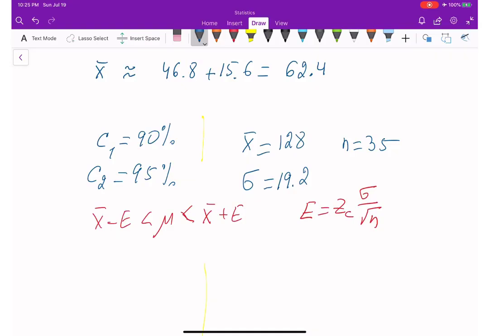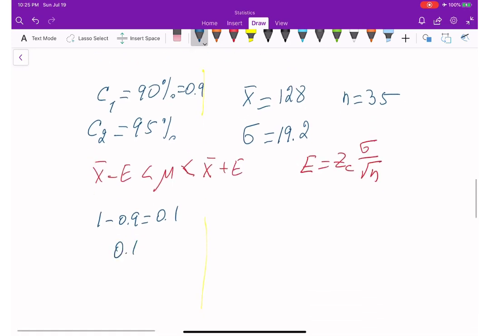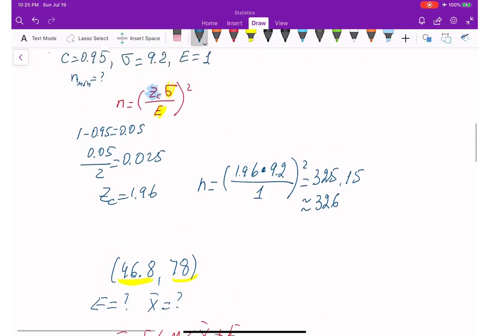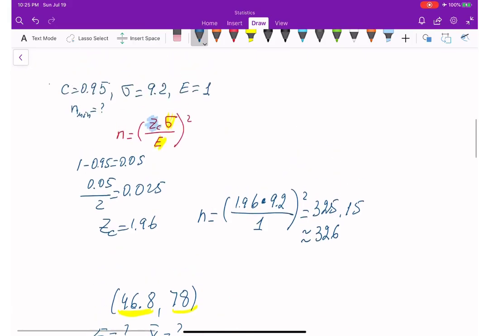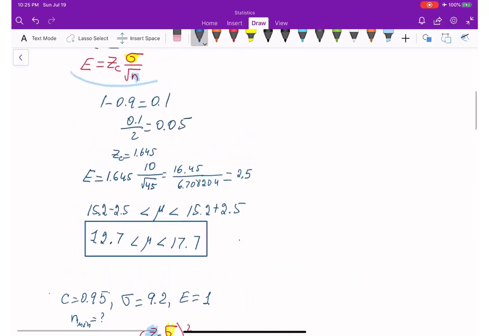So for 90%, it's 0.9, right? 1 minus 0.9, it's gonna be 0.1. So divide 0.1 by 2 for 2 tails, 0.05. We solve it, this 0.05, we have it, right? Here it is. No, 0.025, but we solve with 0.05.